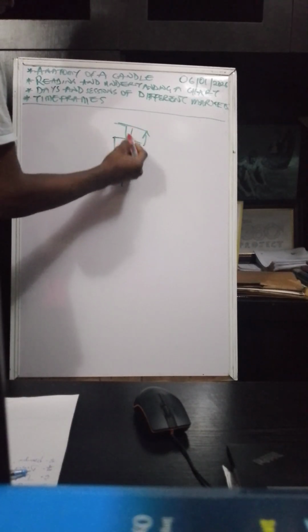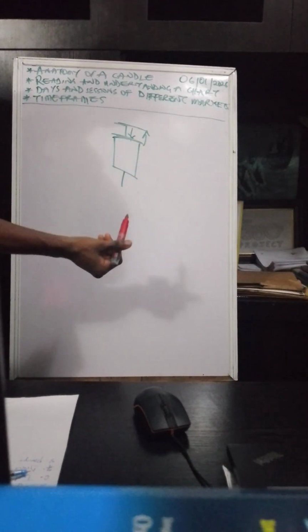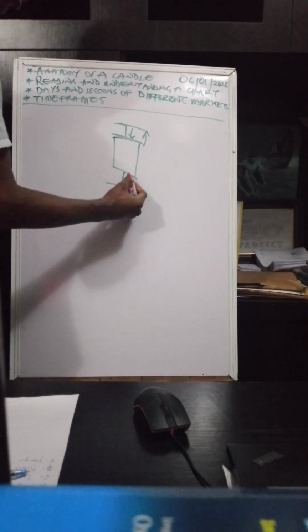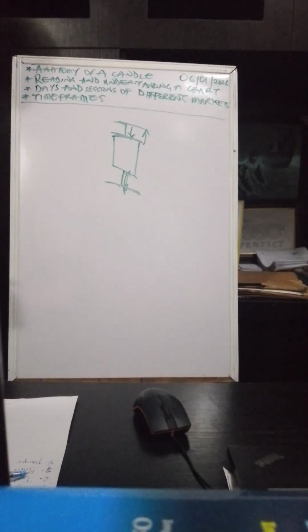Price then came back and closed here, or price came all the way down here, but it could not close here and it came back up to close here. Very simple logic. The low is just the cheapest price that it reached before it came back. A bearish candle, a bullish candle, I've said all that.